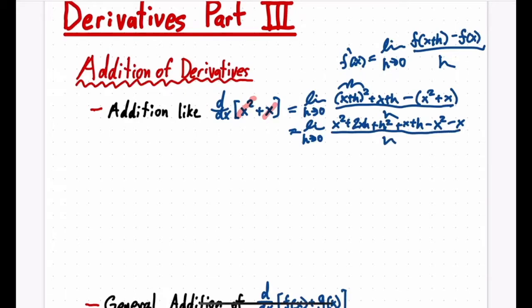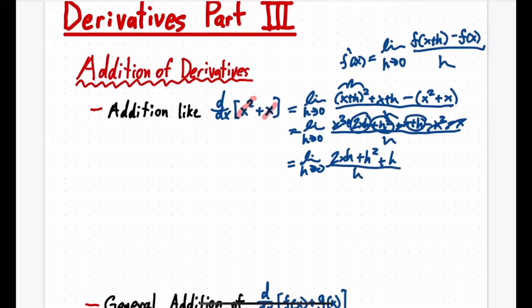And then we see that we have some terms in common, and now what we have left is equal to the limit as h approaches 0 of 2xh plus h squared plus h. Those are the terms left, all over h.